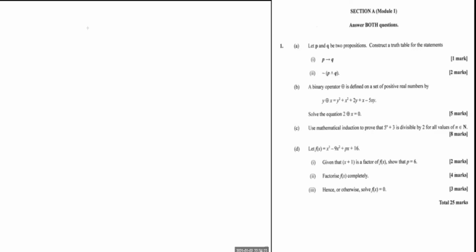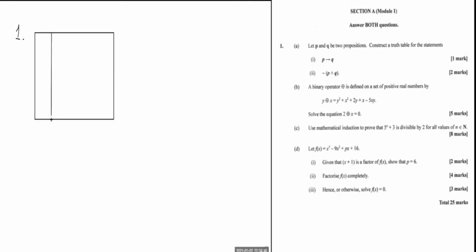So to do a truth table, question 1, first thing, you draw a little table, and you notice that you only have two variables, P and Q, so you can just draw a box like this.